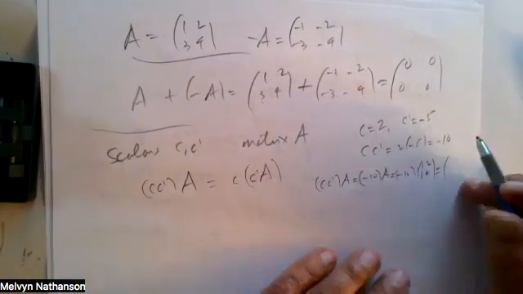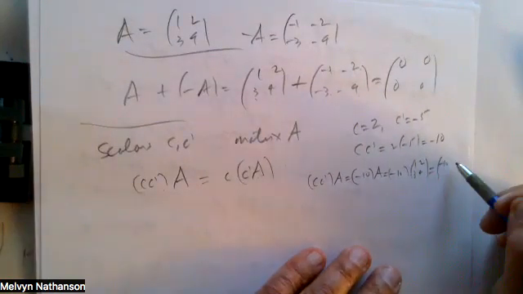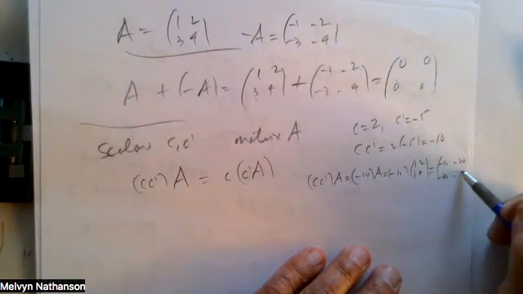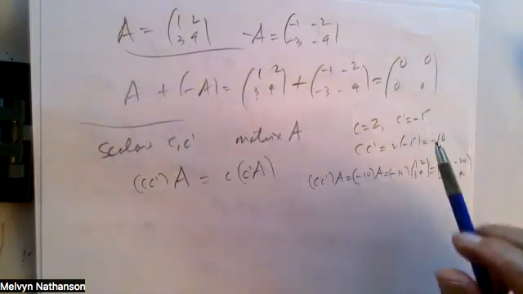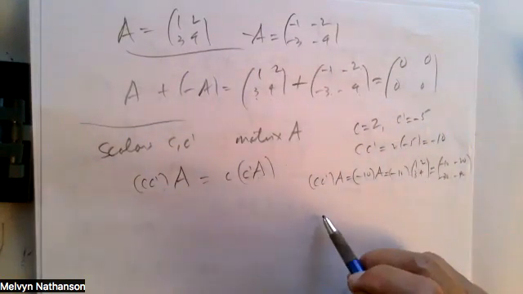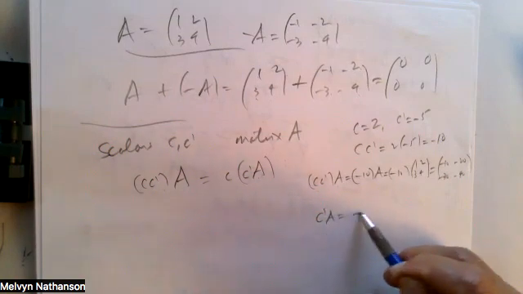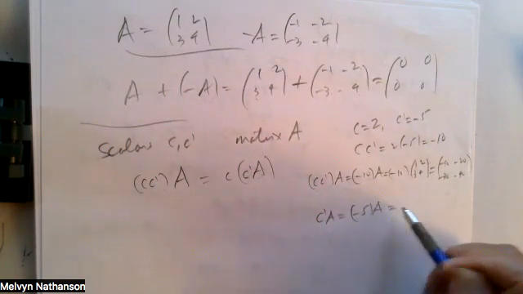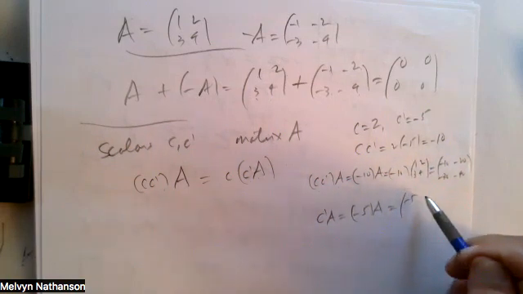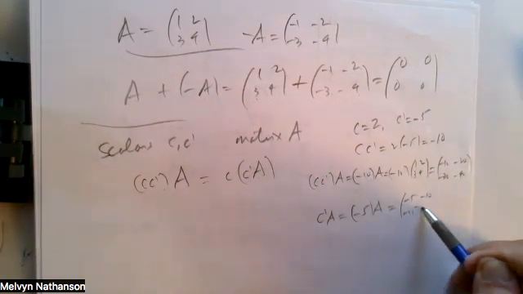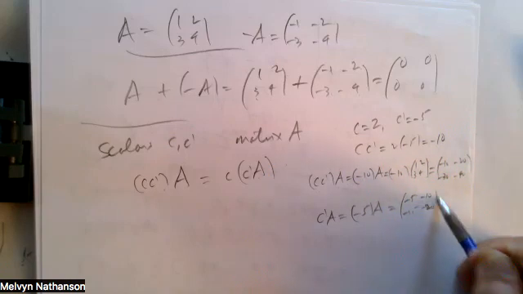Multiply every coordinate by minus 10, you get minus 10, minus 20, minus 30, minus 40. Now, what is C prime times A? C prime times A is minus 5 times A. You multiply every coordinate by minus 5. You get minus 5, minus 10, minus 15, minus 20.